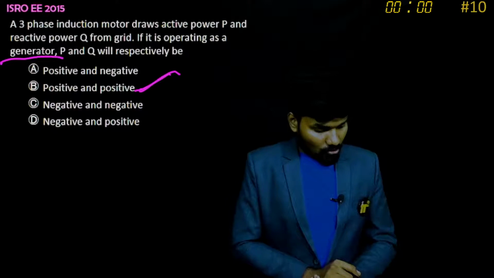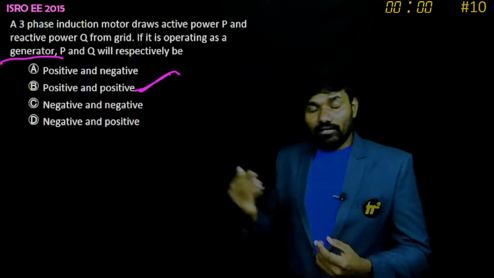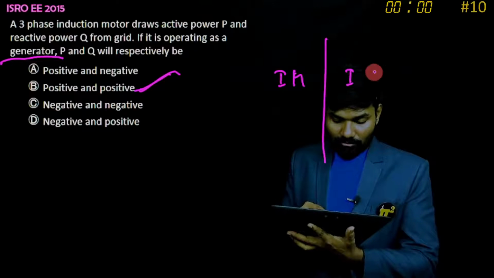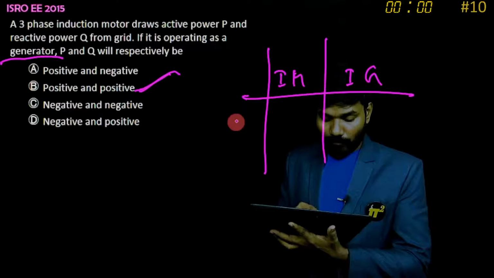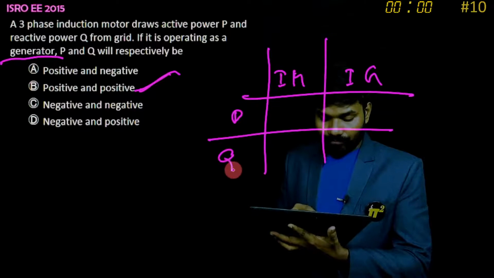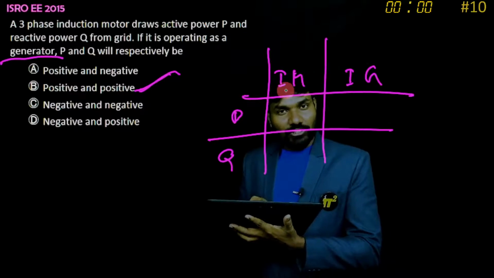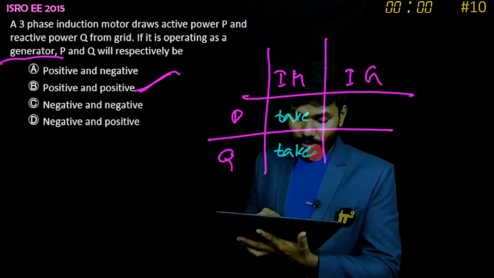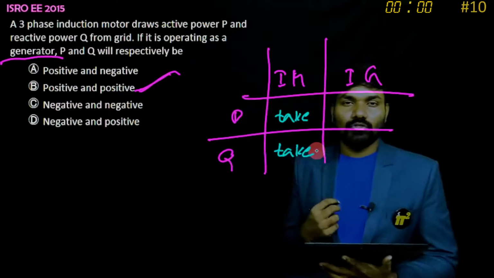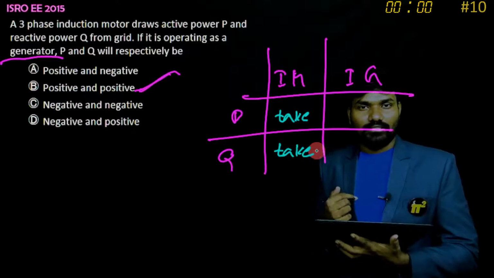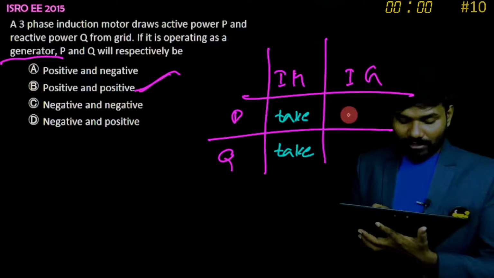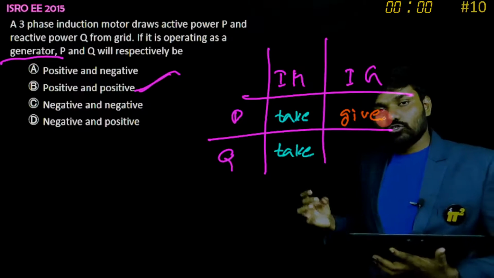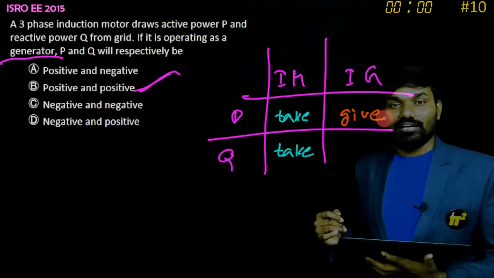Let me just clearly write here for the sake of clarity. Induction motor, induction generator, P and Q. In case of an induction motor, it will take P and it will take Q. It will absorb both P and Q. Now if it is an induction generator, it will give; a generator's job is to deliver power. Which power?